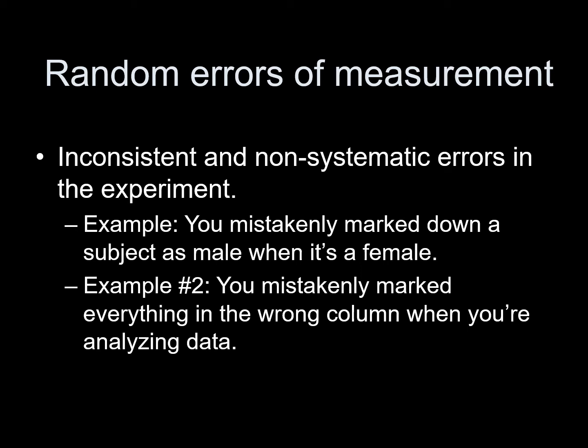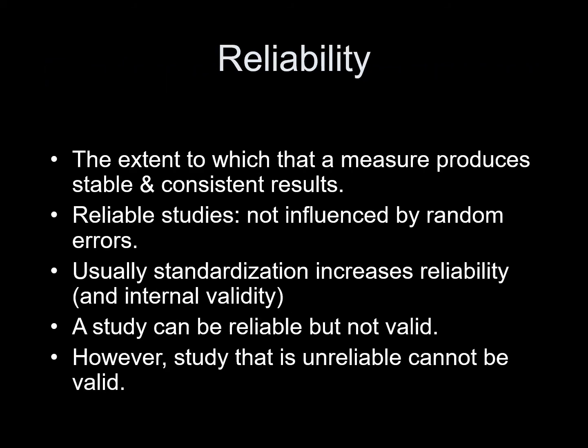These are all random errors of measurement when you are trying to do an experiment. Random errors are really going to impact the reliability. As we said before, systematic errors most likely are going to impact the validity of the study.